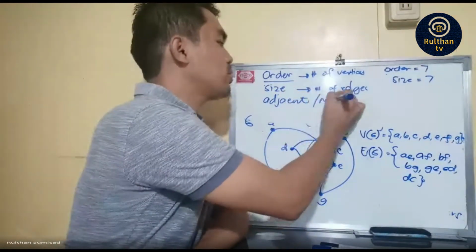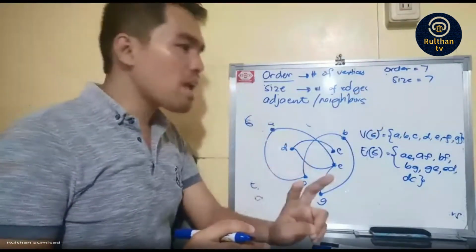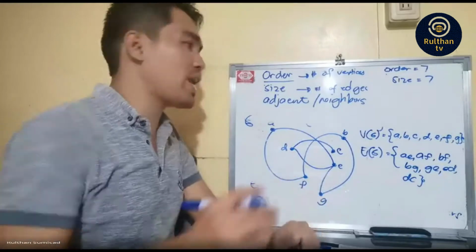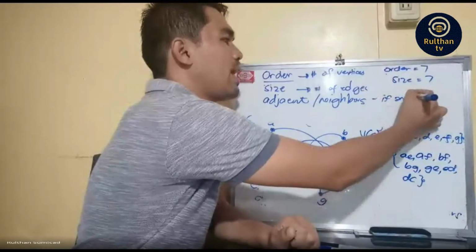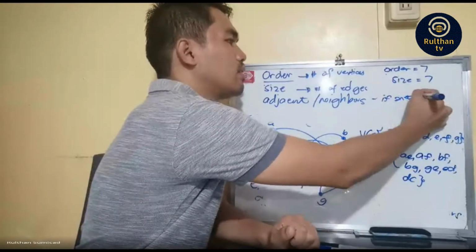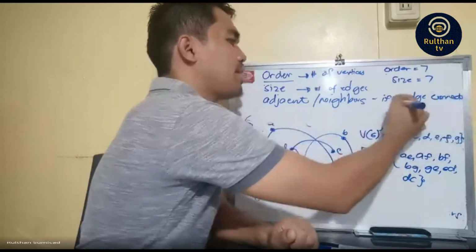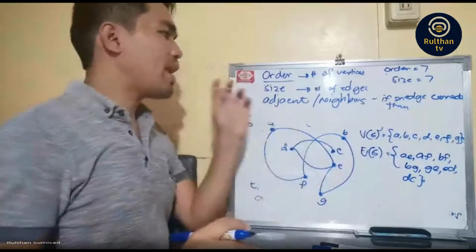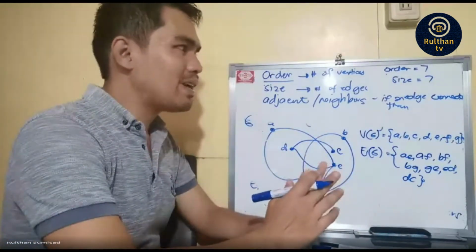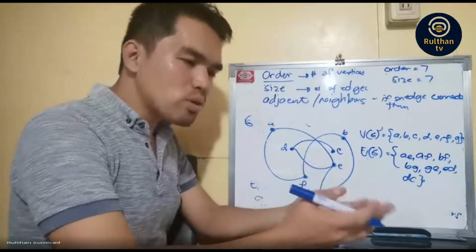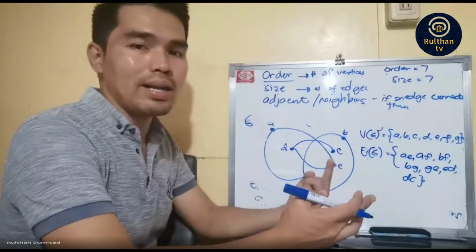Two vertices are neighbors if an edge connects them. So adjacent or neighboring vertices are vertices which are connected by at least one edge.